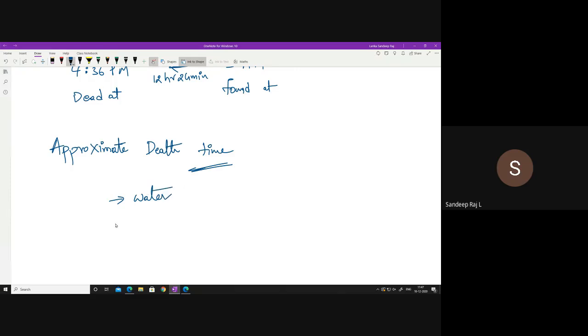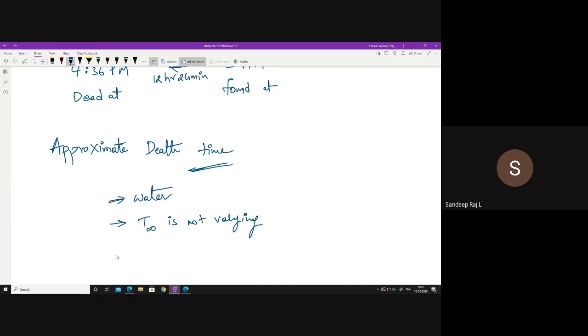The second approximation is that the temperature of the atmosphere is not varying. In a real case, the temperature of the atmosphere will vary with time. Throughout it will not be 20 degrees centigrade. Especially during night, it may fall below 20 degrees centigrade.